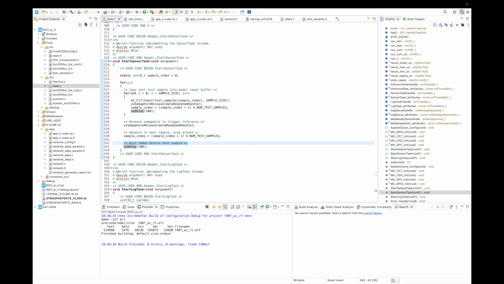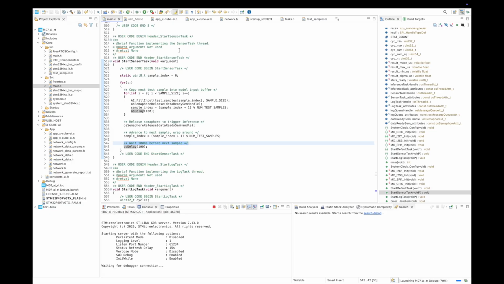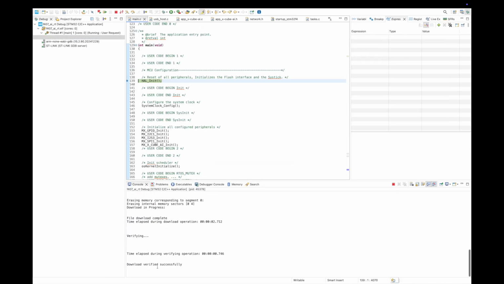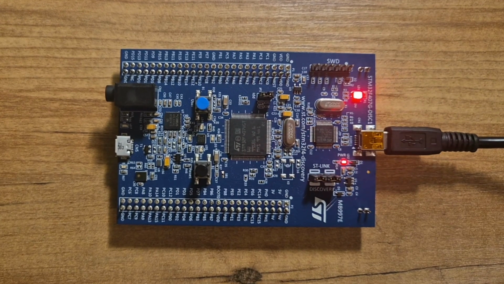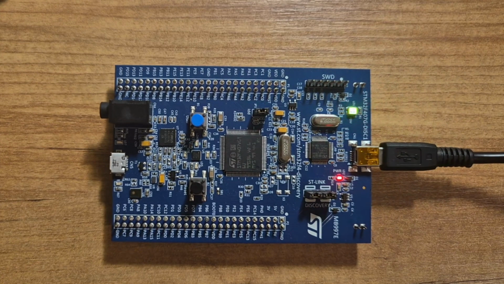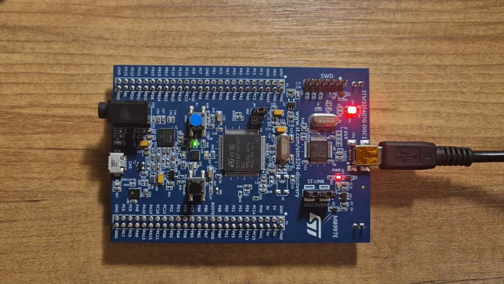Now, I am building the project and flashing it onto the board. About 106 kilobytes written and verified. And there it is. The green LED toggles on every inference, and the orange one every 100 inferences as a heartbeat.